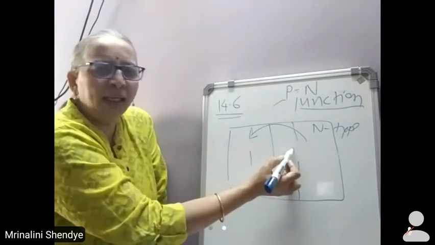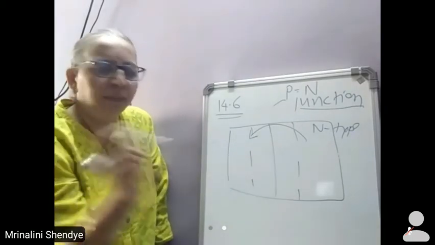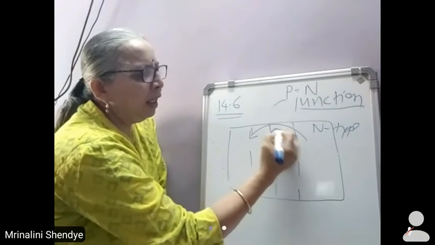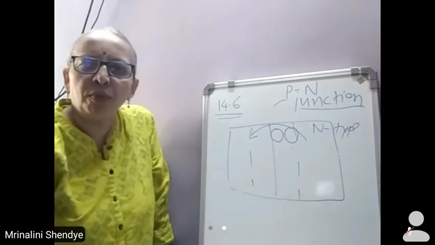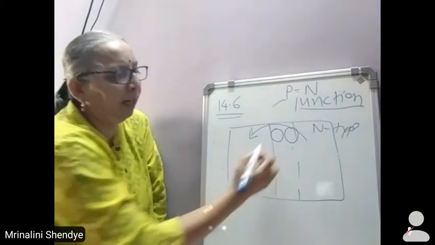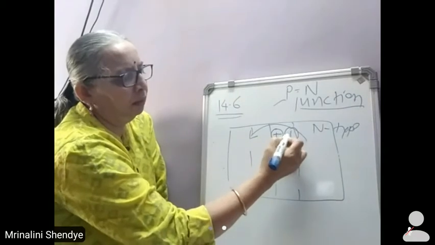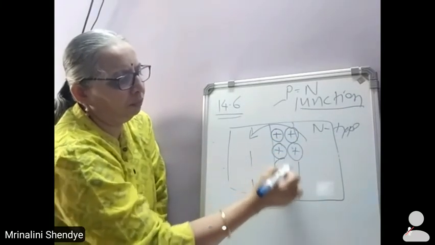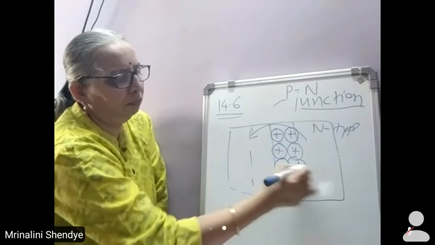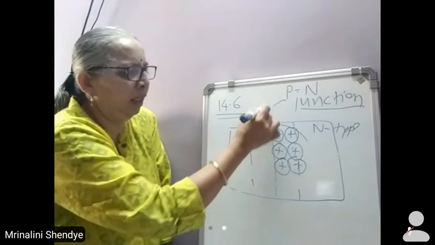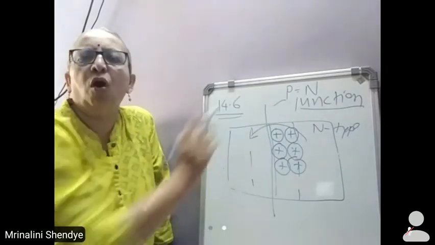So one electron from each atom gets migrated, and hence near the region the formation of donor positive ions takes place. This is the case when immediately the junction is formed.